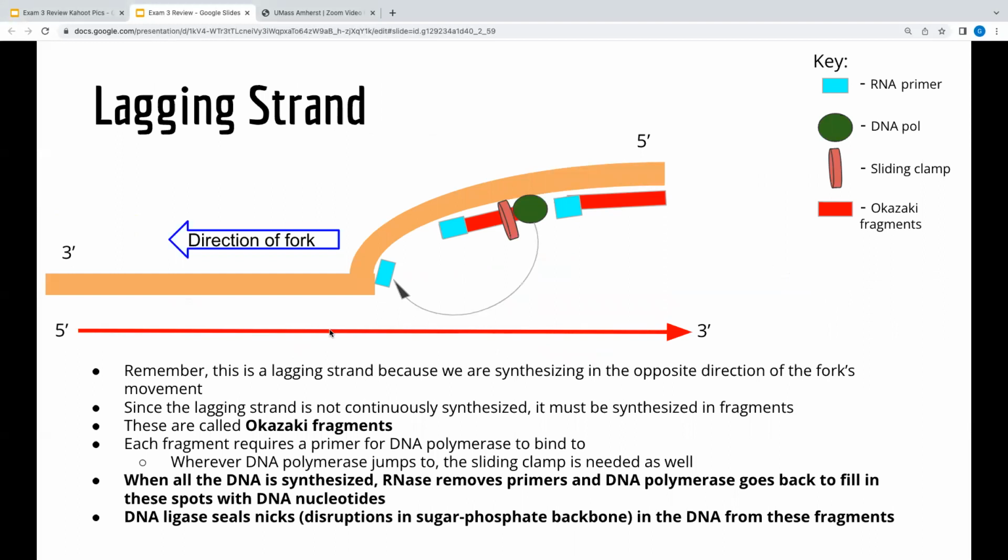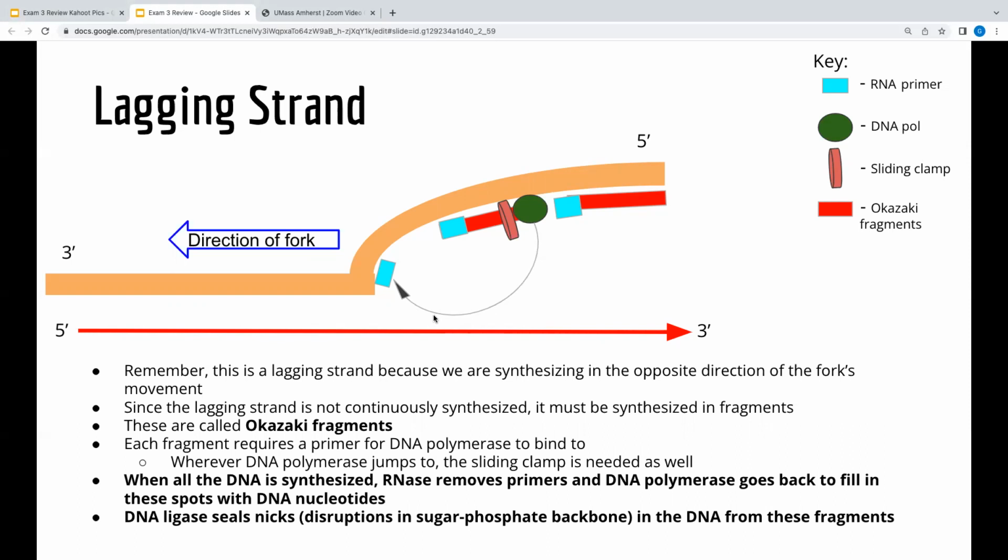So the lagging strand is not synthesized continuously, like I was saying. It has to be synthesized in fragments called Okazaki fragments. And so primers need to be added.